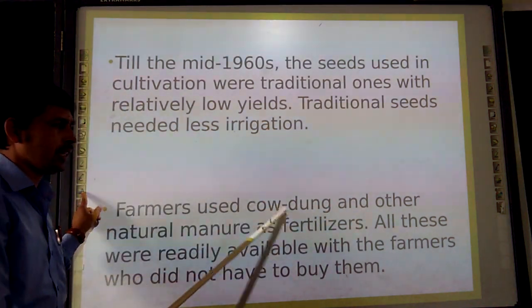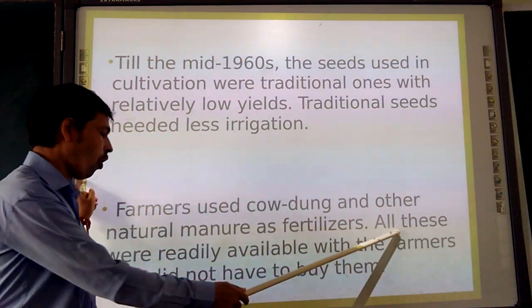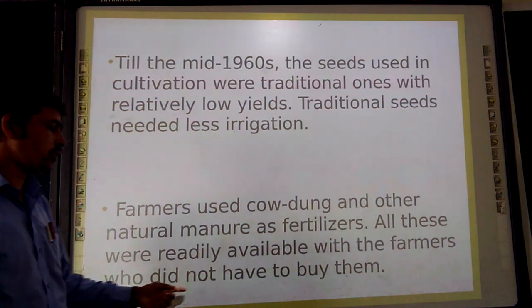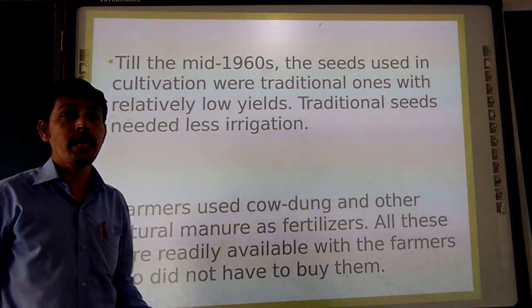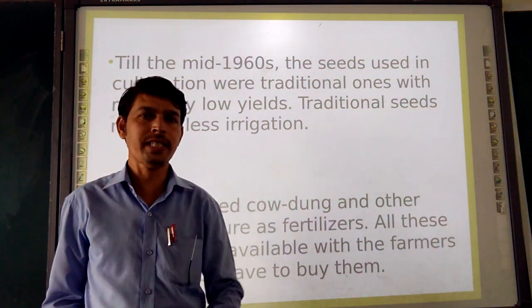Next, farmers used cow dung and other natural manure as fertilizer. All these were readily available with the farmer, who did not have to buy them. That means in the modern farming method, the farmer has to purchase all the fertilizer and pesticide.